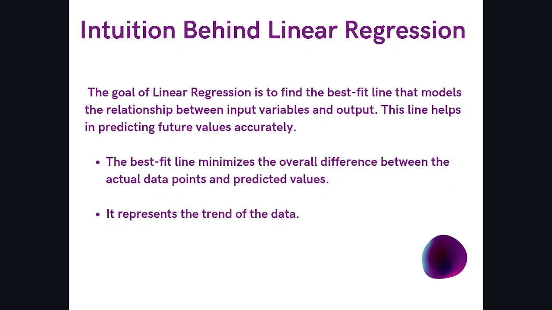That is what we are predicting here: the future values. We don't actually know that amount of rainfall is going to take place, but we can predict it with the help of linear regression, with the help of that best fit line.